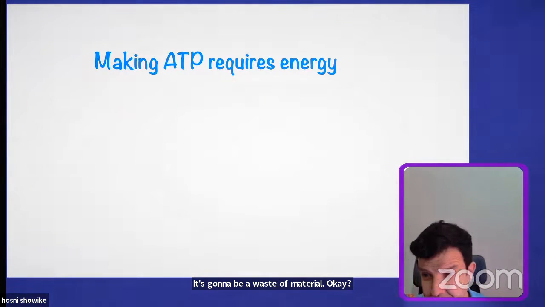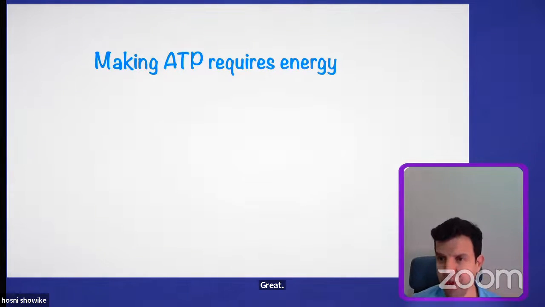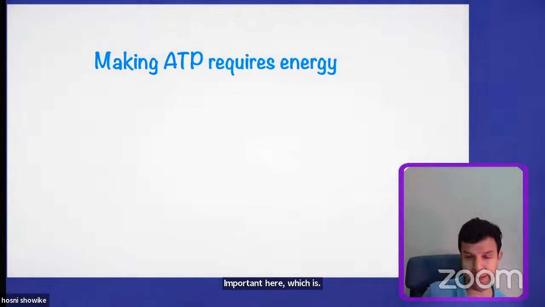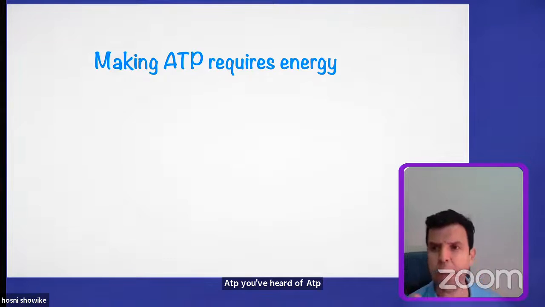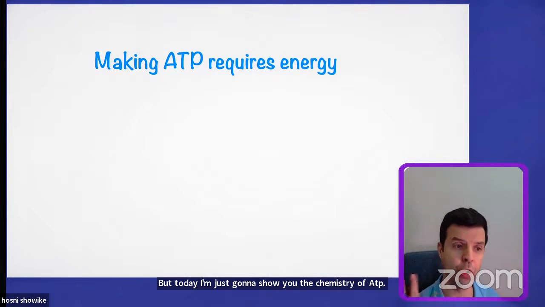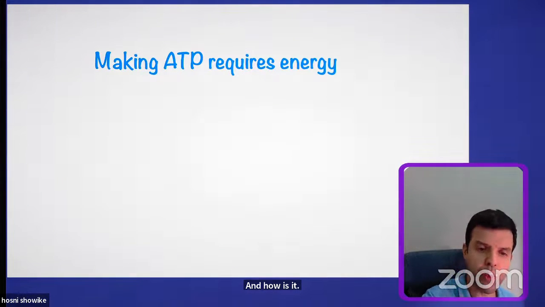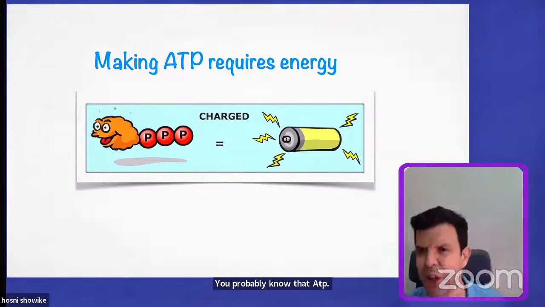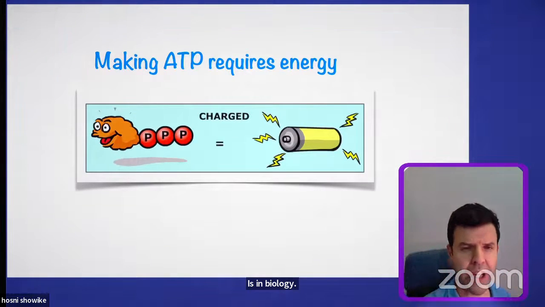Also, something quite important here, which is ATP. You've heard of ATP, but today I'm just going to show you the chemistry of ATP. How is it made and how is it used? So you probably know that ATP, in biology, is like the units of energy. It's like what you do in physics.